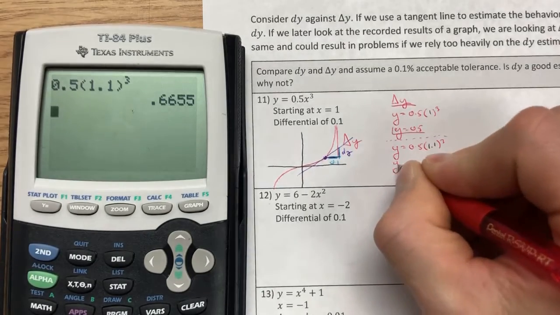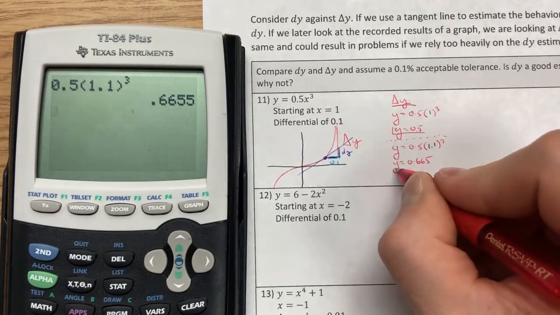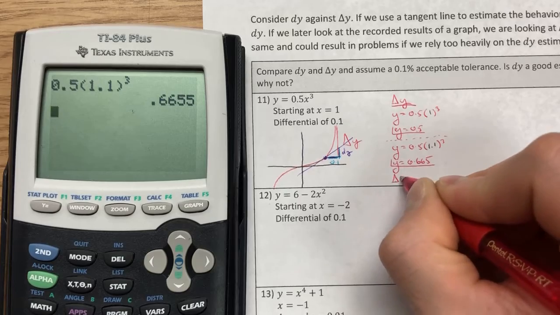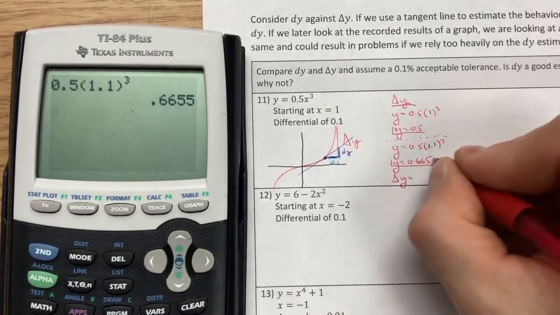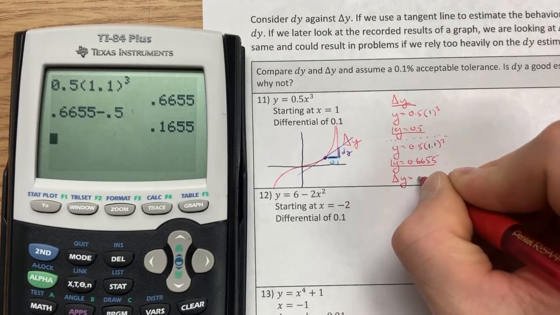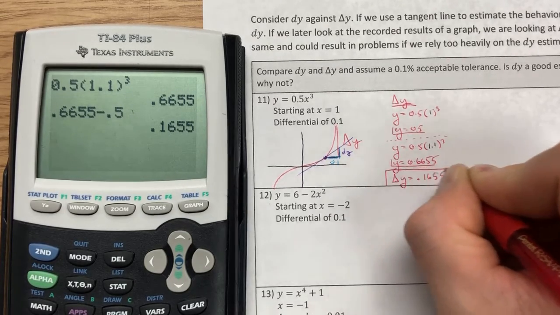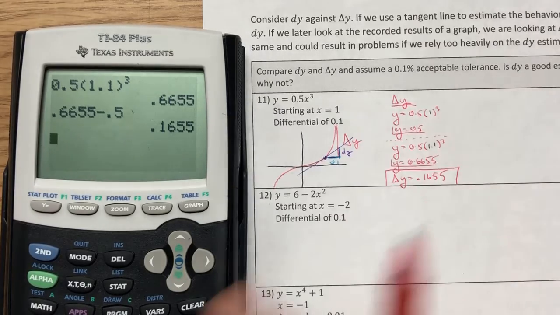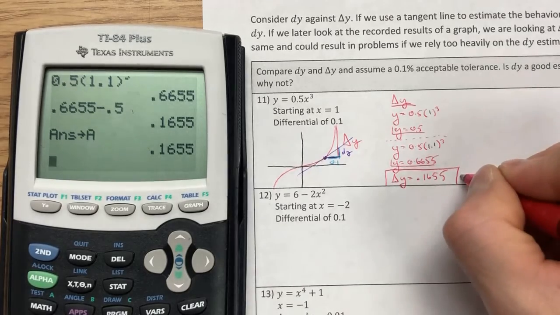And I get y is equal to 0.6655 for an overall delta y of, so 0.6655 minus my original 0.5. I have a delta y, which is 0.1655. And let's store that for later. Call my delta y, it's the first thing I found, so I'm going to store that in alpha A, just in case we forget. That's my A.